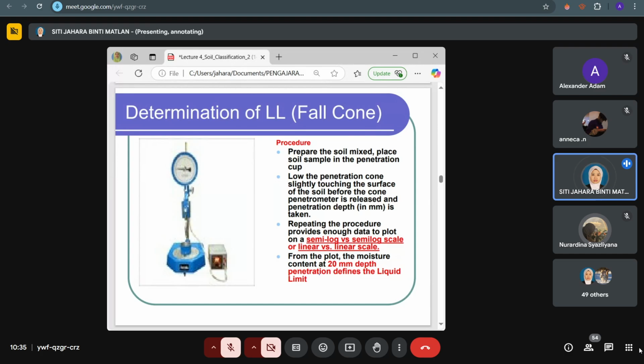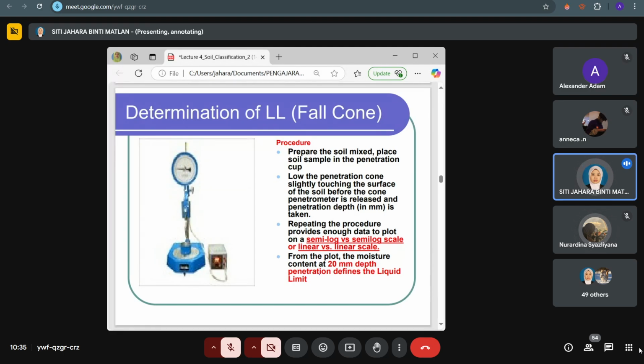Then after we get several water contents and penetration depths, we can plot the result, which you can see in this graph.